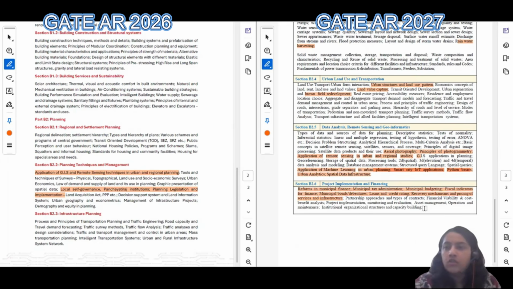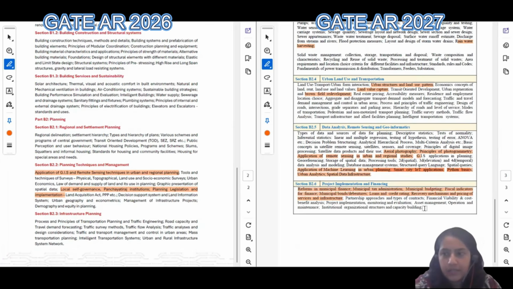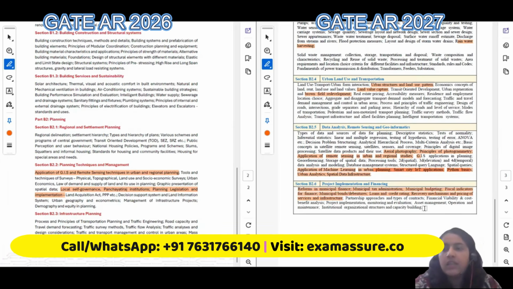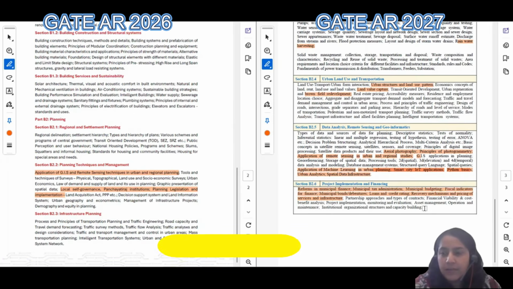So to conclude, if you see overall, the structure is the same, like I mentioned earlier, you have these three sections separately. However, the syllabus has now been expanded very, very specifically, right?